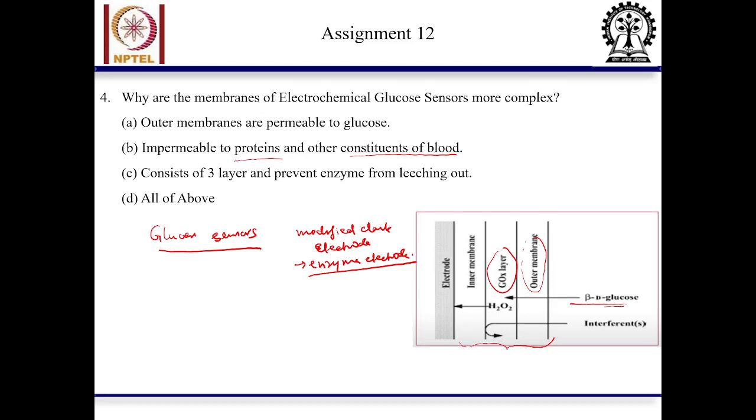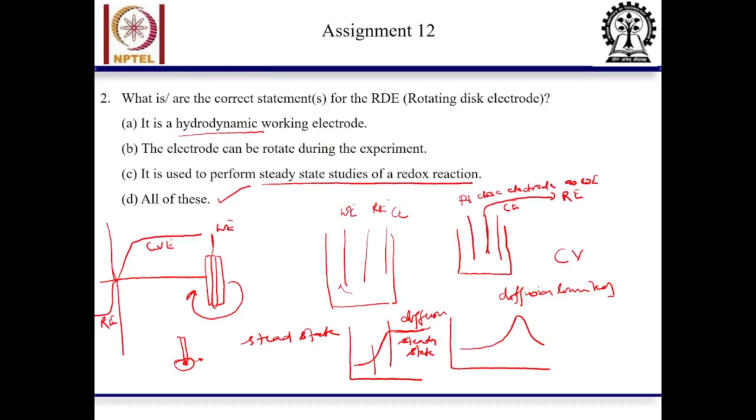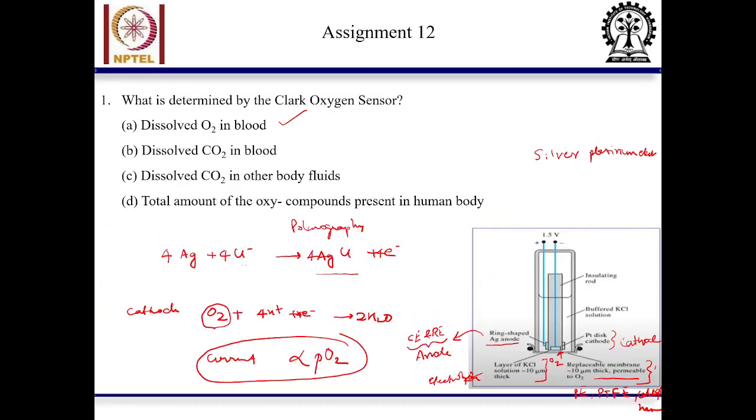So this is an enzyme electrode and it's a modified Clark oxygen sensor. So in the Clark oxygen sensor, what is that? Basically we had two electrodes and a permeable membrane which only allows O2 to pass.